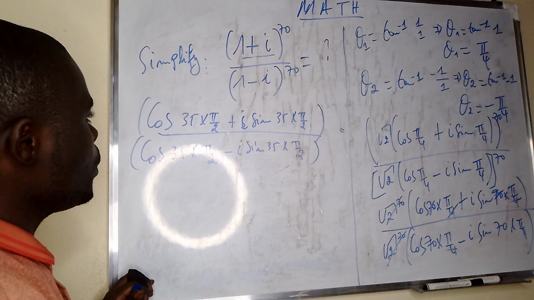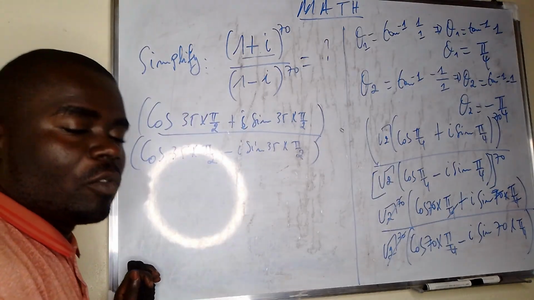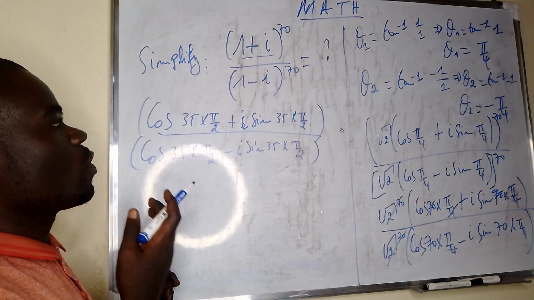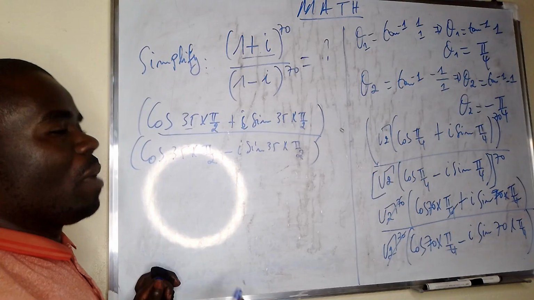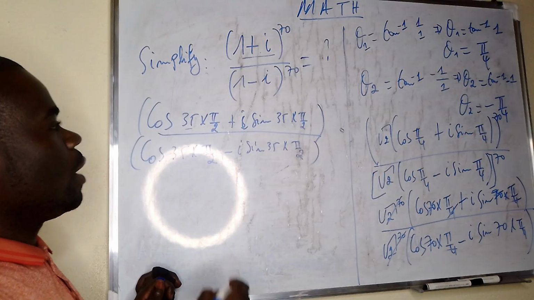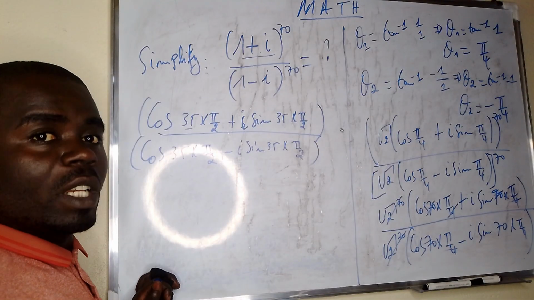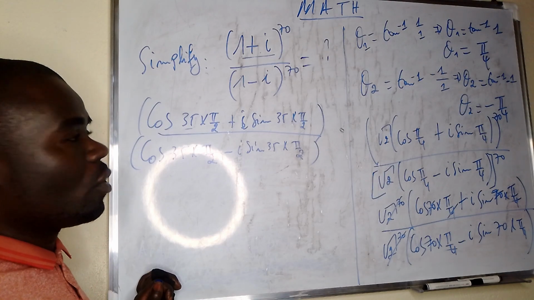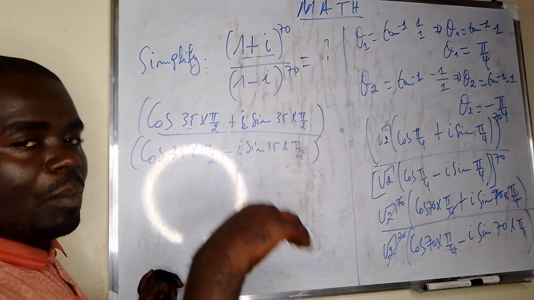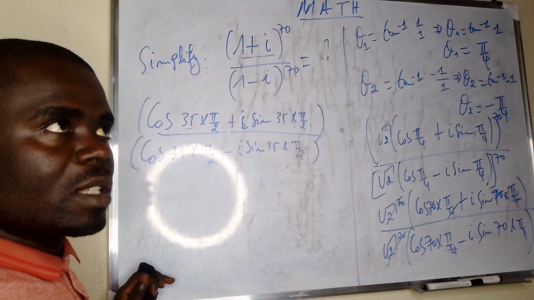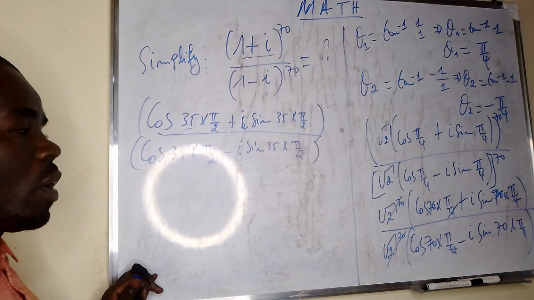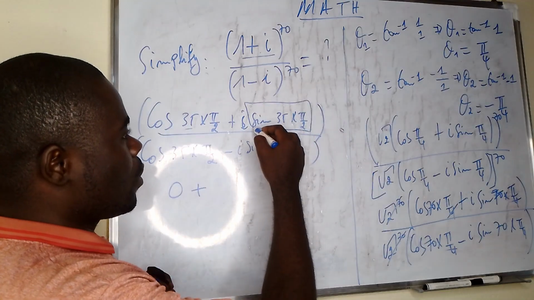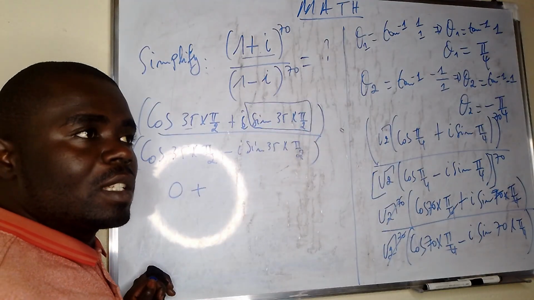Then this is a multiple of pi over 2, and cosine of pi over 2 is 0. Any integer multiple of a full rotation brings it back to that 90 degrees. So its cosine is always 0, and its sine is always 1, because the sine of 90 degrees is 1.